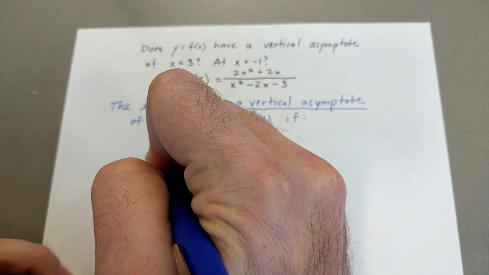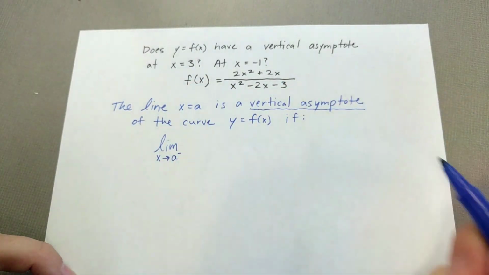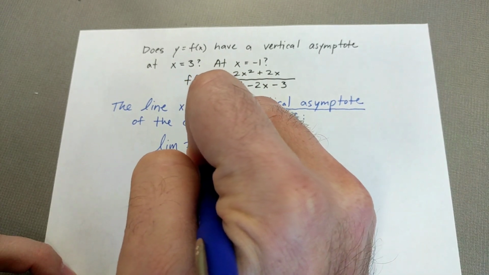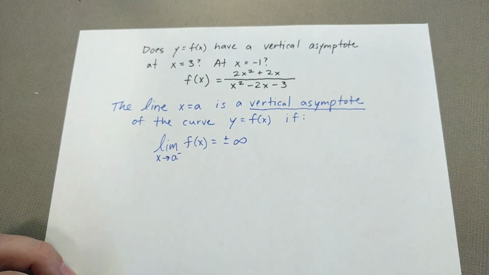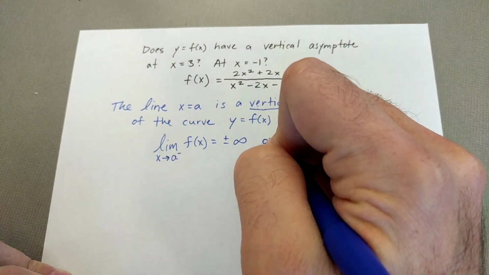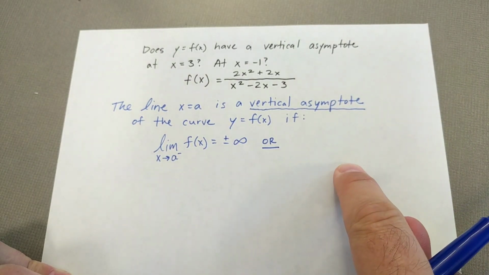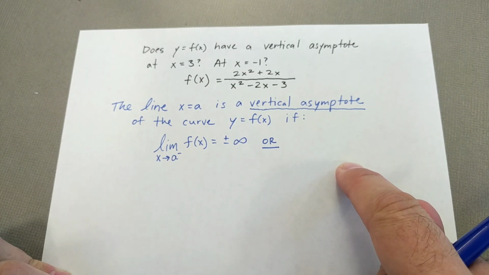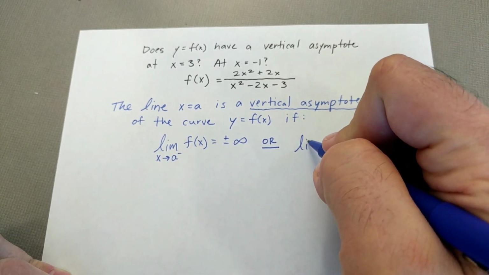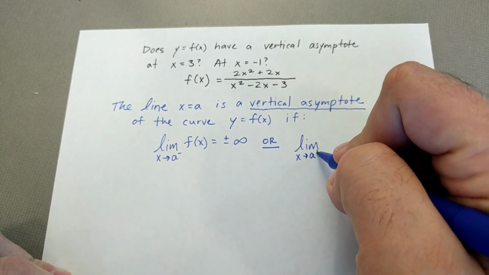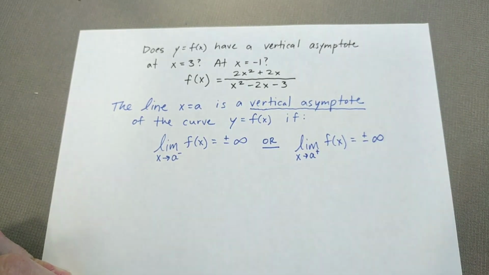If the limit as x approaches a from the left side of f of x is headed to either positive or negative infinity, or, and this is an inclusive or, meaning that it's possible that both of them are true, but it's also okay if just one of them is true, the limit as x approaches a from the right of f of x is headed to positive or negative infinity.